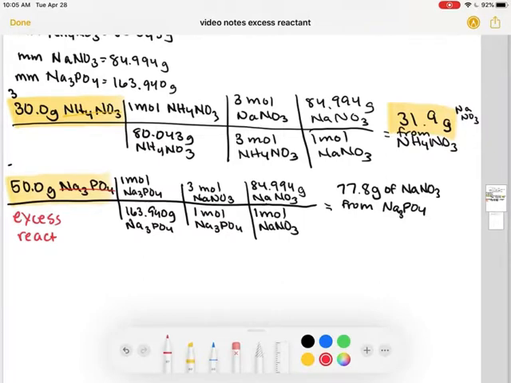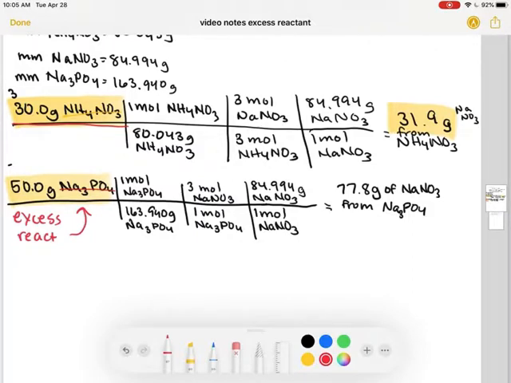But there's also going to be some leftover of this sodium phosphate that didn't get reacted. All of this ammonium nitrate is going to be used up. Okay, because in the limiting reactant problem, remember, one thing is going to be used up. We're going to get a total amount of however much we can get of our product. But there is going to be leftover of our excess reactant. And I'm going to show you how to calculate that.